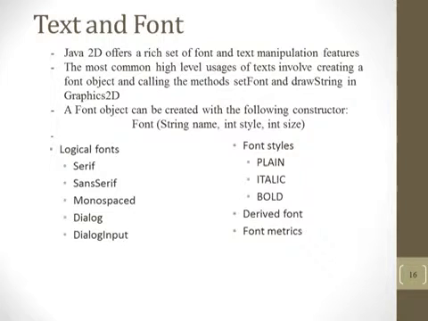The fonts available in an environment are platform dependent. Java also supports logical fonts to improve portability. A logical font is mapped to a physical font on a particular system. For example, the logical font SansSerif is mapped to Arial in a Windows system.